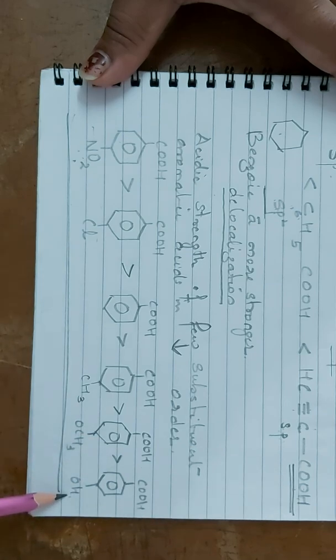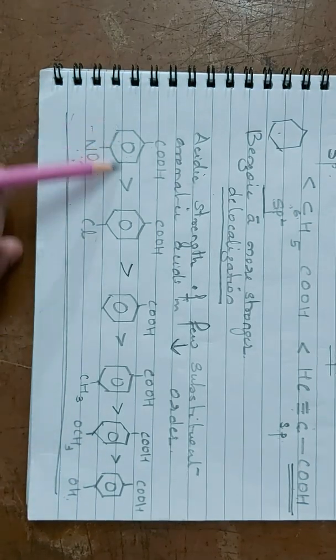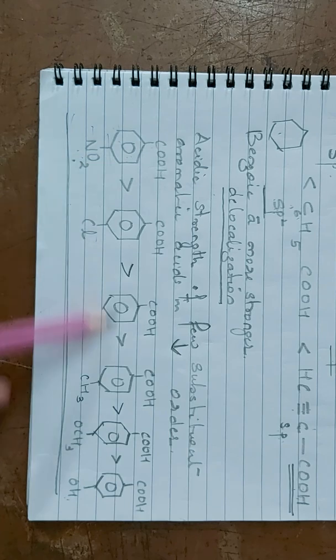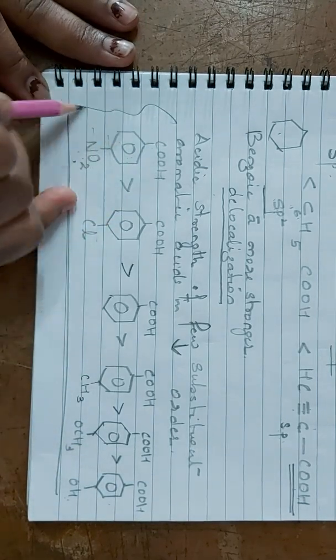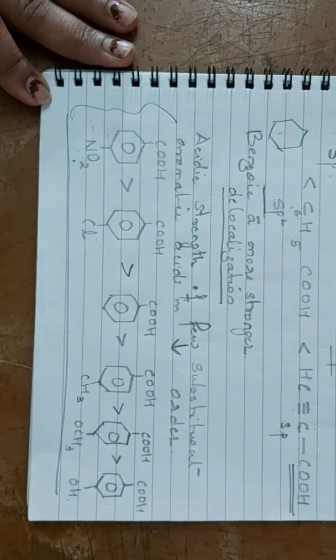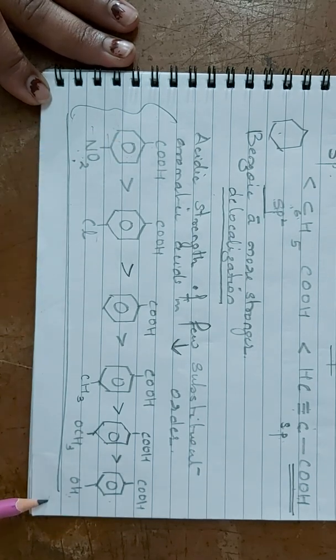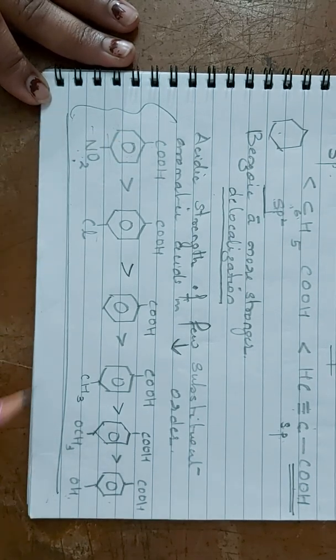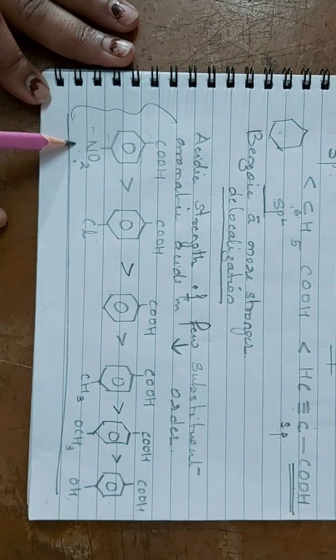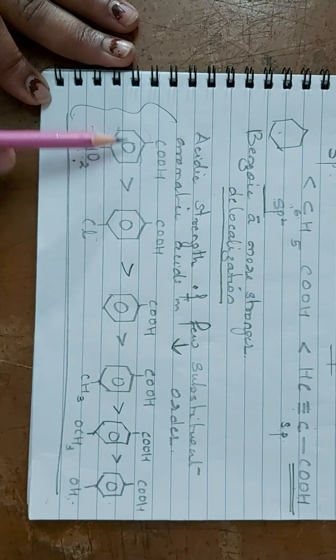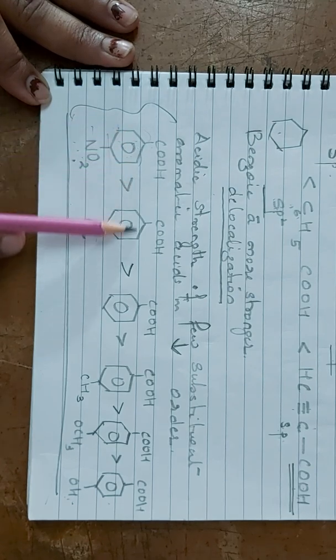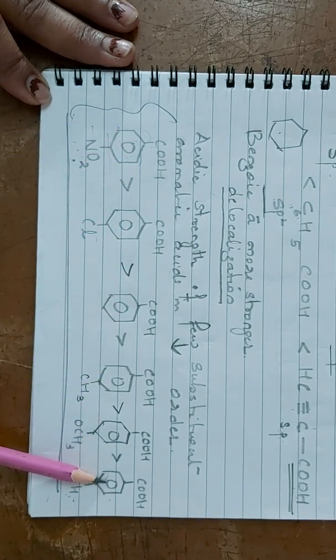You can just keep this order in your mind. For objective type questions, substituents on the benzene ring are not usually asked, but still have a quick look here. When we consider the substituent on the benzene ring, how the acidity is changing: it is most acidic here, and the acidity decreases in this order, right?